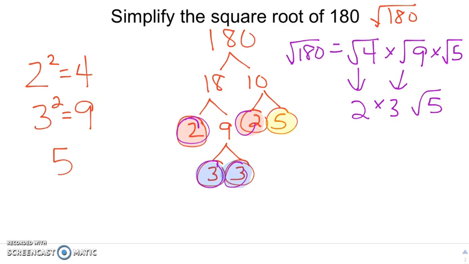So 2 times 3 times the square root of 5. That can simplify a little more into 6 times the square root of 5. Therefore, my simplified version of the square root of 180 would be 6 times the square root of 5.